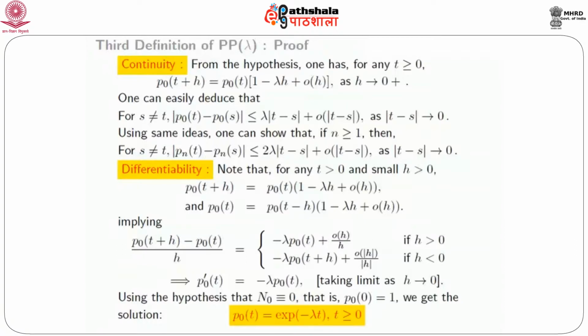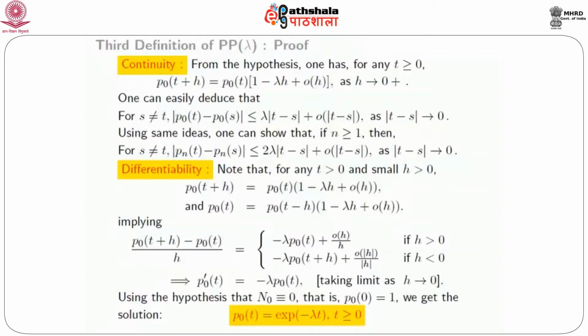One, P0t is differentiable at t because the limit of the left hand side quotient exists, and if you compute the limit, it turns out to be exactly minus lambda P0t. That's clear from the previous equation.